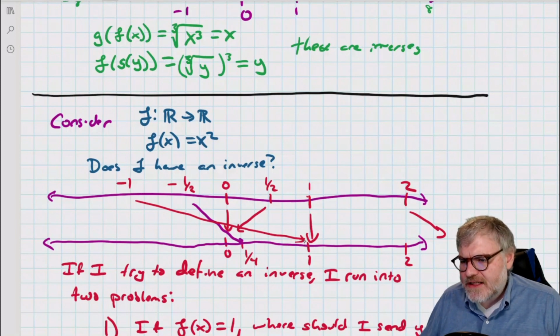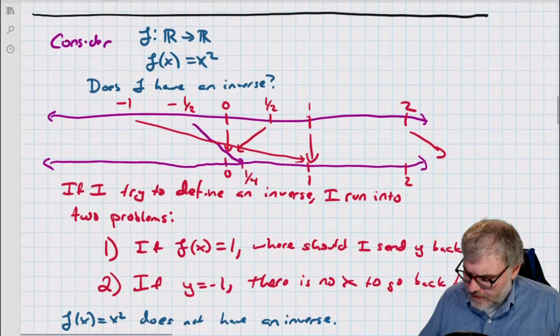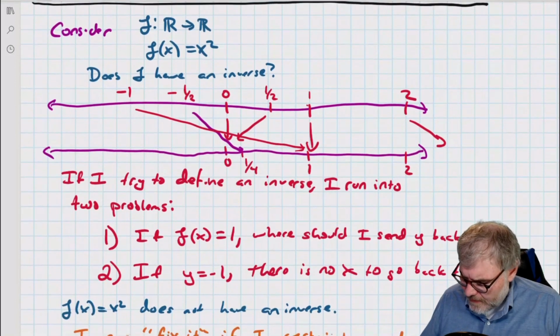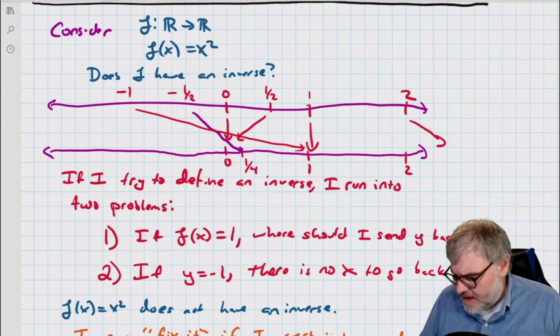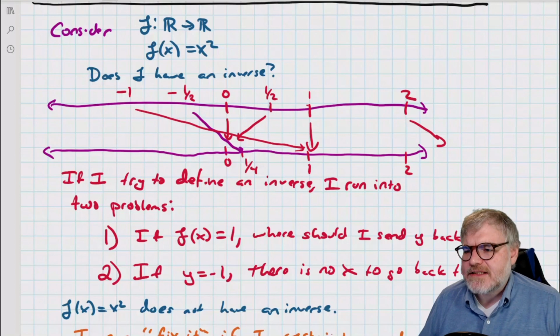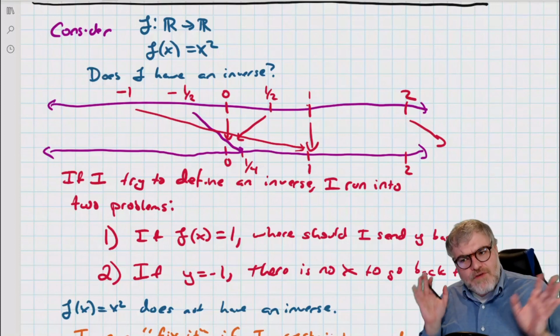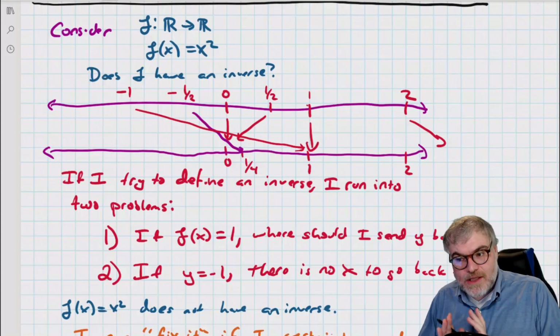Now, the question is, where do I go back to? So there are two problems with x squared here. The first: if f of x equals 1, where should I send y back to? Should I send it back to 1, or should I send it back to -1? There are two choices. And remember, for a function, I can't have two choices. Each input needs to go to only one output.